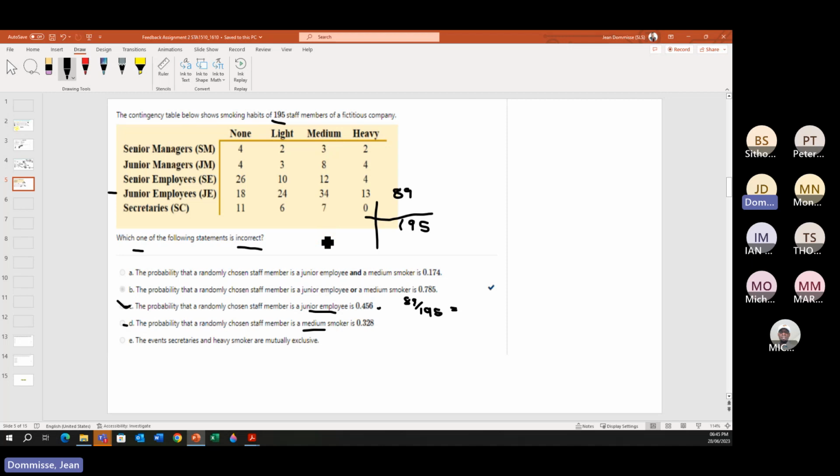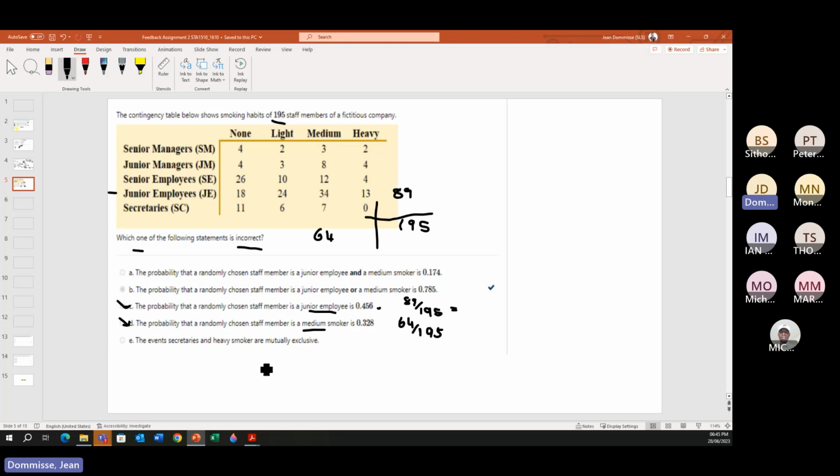Medium smoker, so 3 plus 8 plus 12 plus 34 plus 7 is 64. 64 divided by 195 will give us 0.328. So that is also correct. So the two easier ones are done.